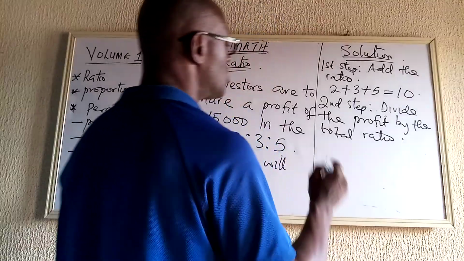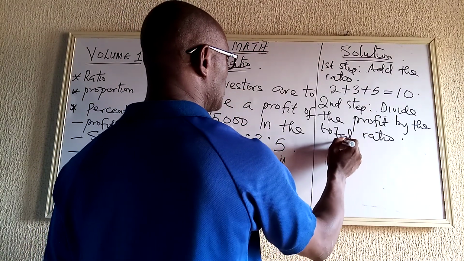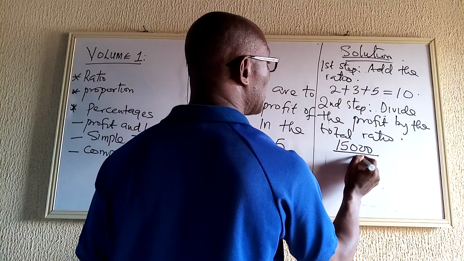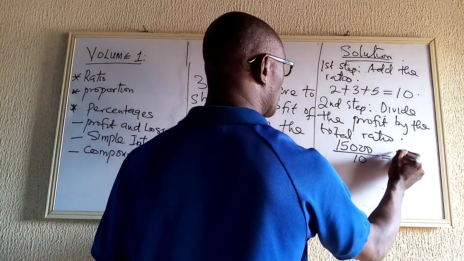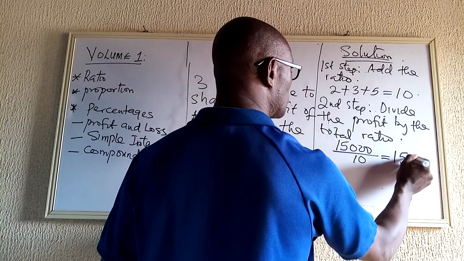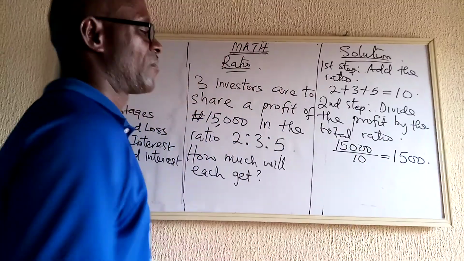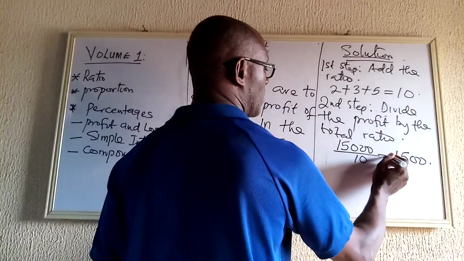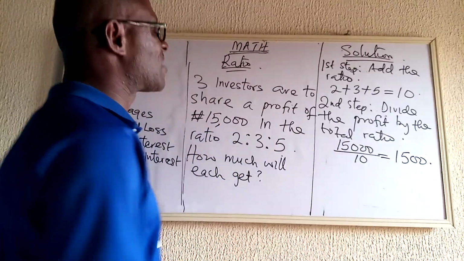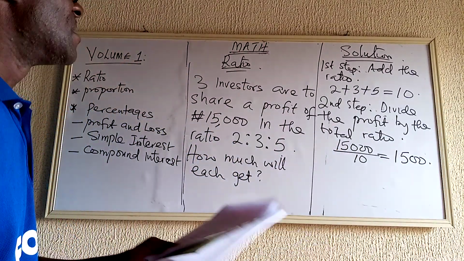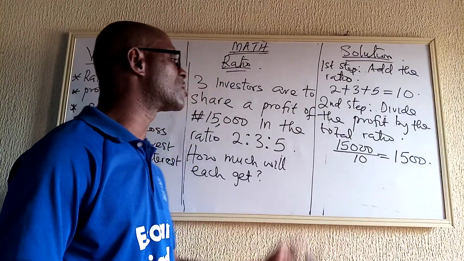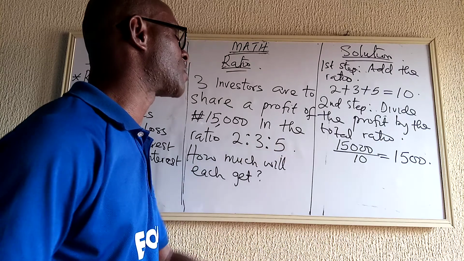So what we get here will now be 15,000 over 10, and that will give us 1,500. Now, this 1,500 will be used to find how much share will go to each of the investors.